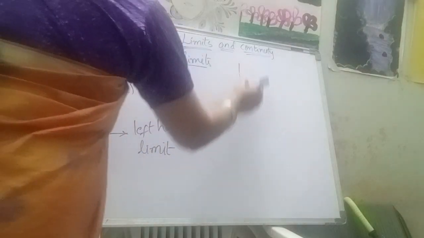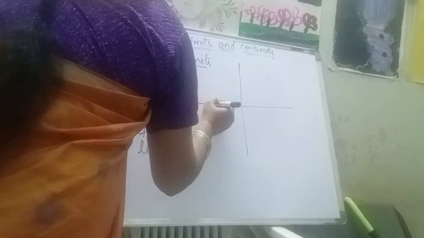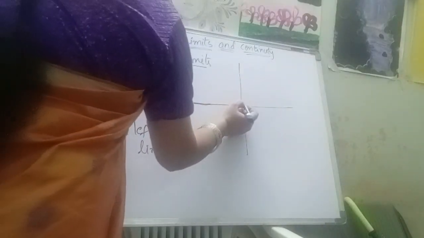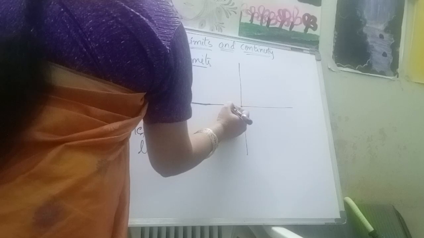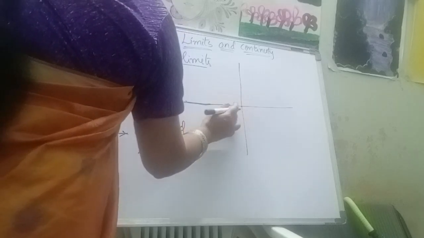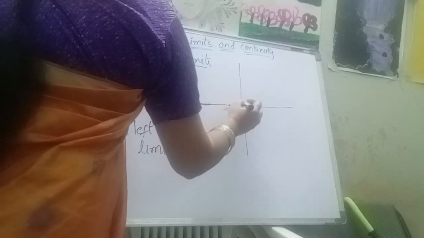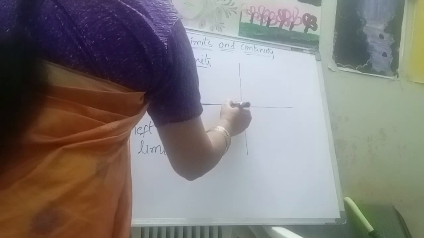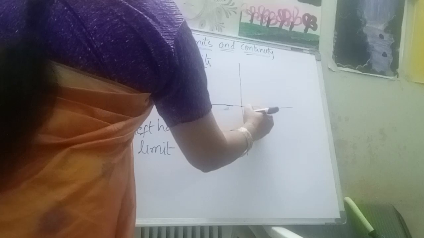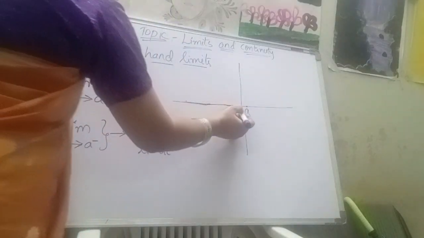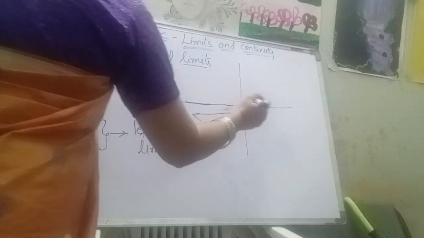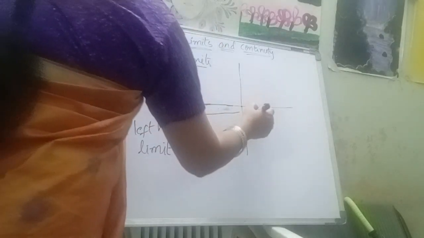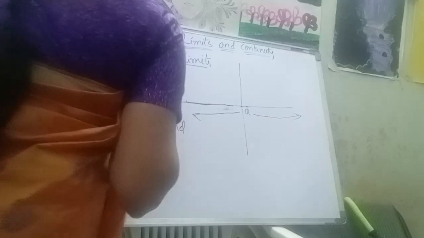For your understanding, take a coordinate axis. Say this is 0, and here you take a. If you go to this side, all negative, that means less than a you will get. If you go to the right side, greater than a you will get.